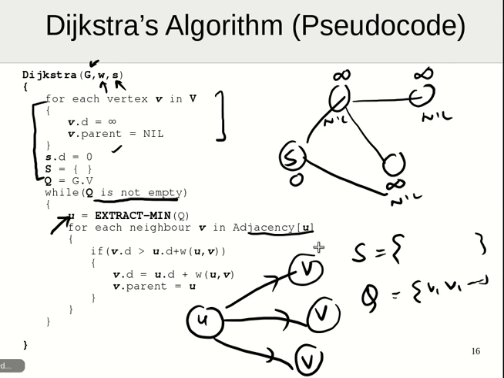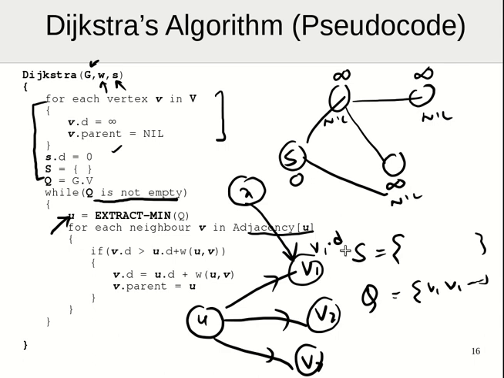So let's say this is V1, V2, V3. Let's say this is V1 dot D, the already existing distance. Let's say it's coming from some other node, let's say X. Now I would like to see if I have a better path from U to V1.